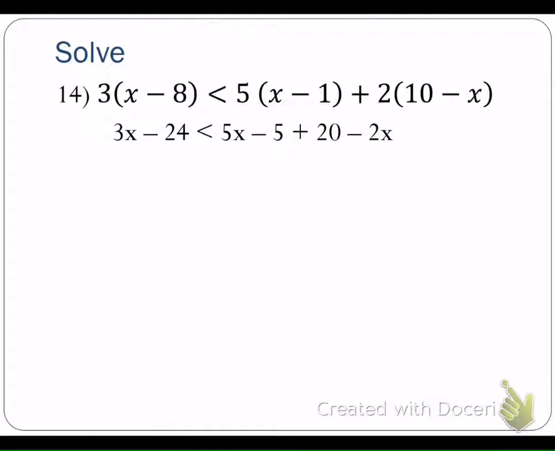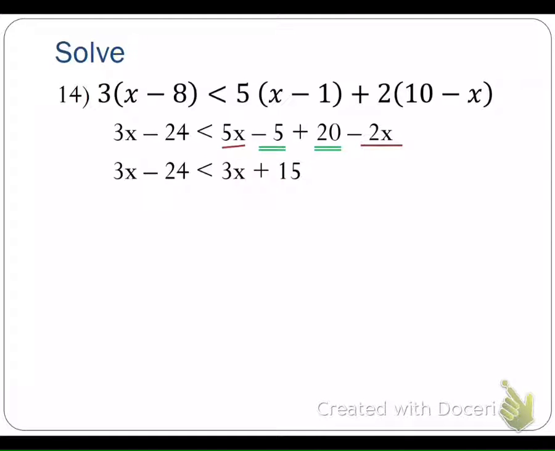Good. All right, I got some like terms on the right. What's 5x minus 2x? 3x. And then don't forget that negative sticks with the 5, so it's like negative 5 plus 20, which is like 20 minus 5, so we get 15.